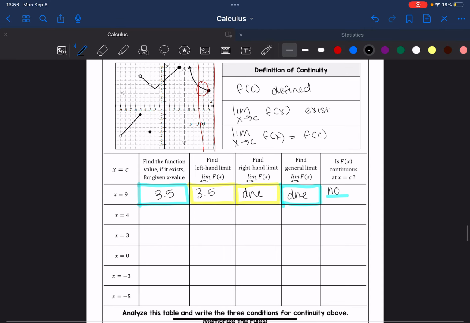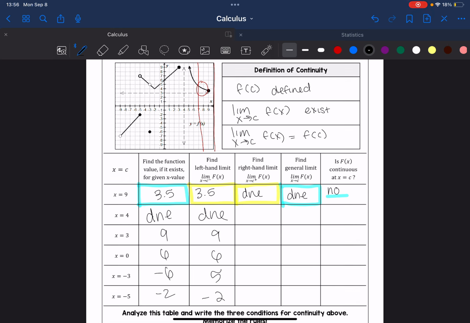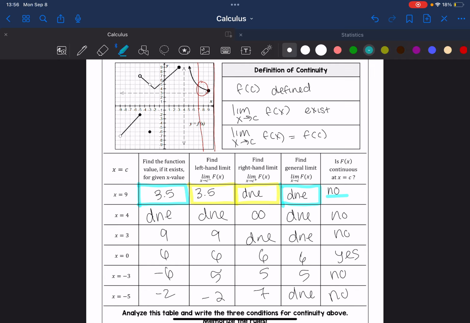And what you guys should have got is the following. So I'm going to go ahead and fill in the table. So notice here that the only one that is continuous at x equals c is at x equals 0.